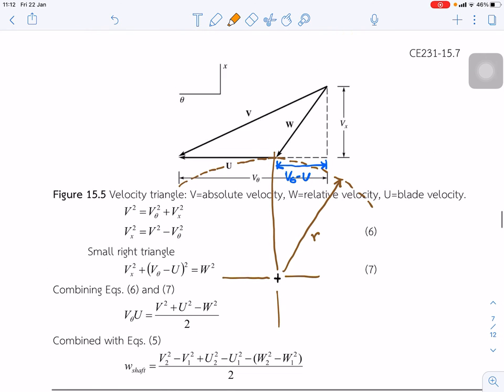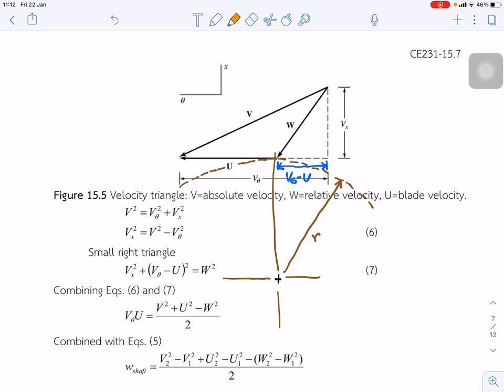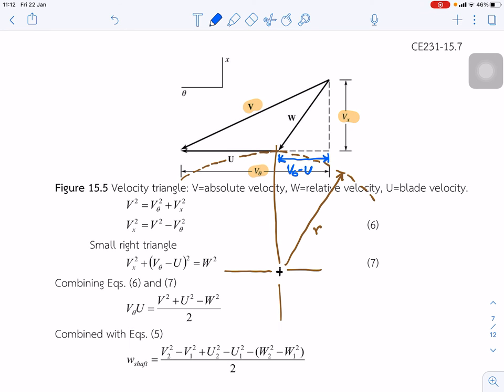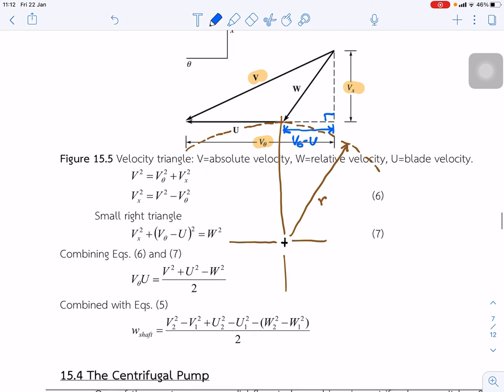This shows the velocity vectors between V, V theta, and Vx. This is a 90-degree angle, so from this we can look at the right angles, and we can write the equation of Vx squared equals V theta minus u squared equals w squared.